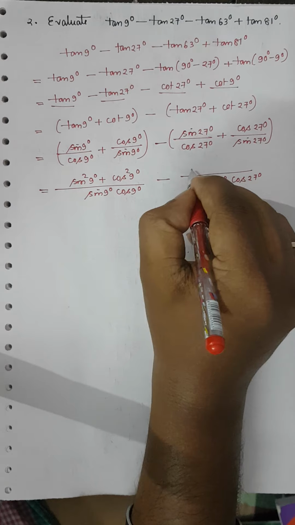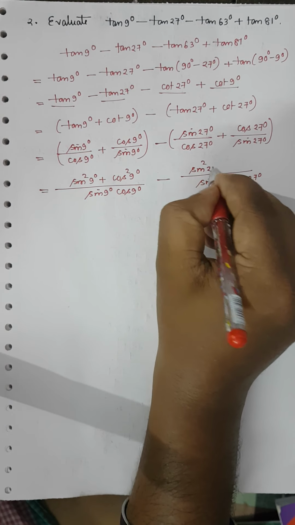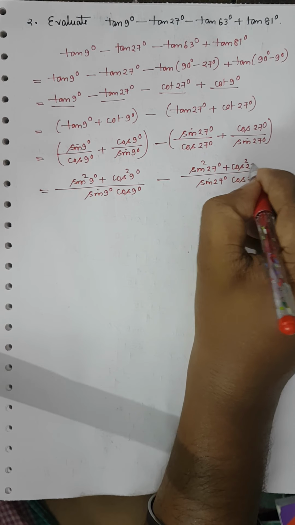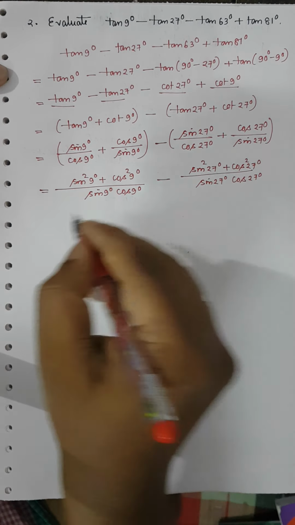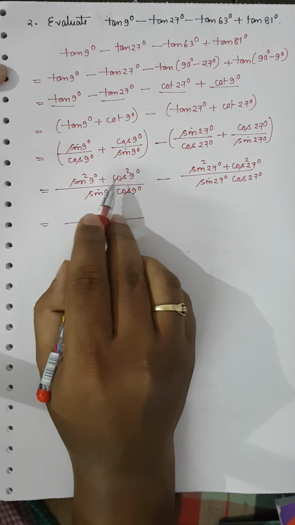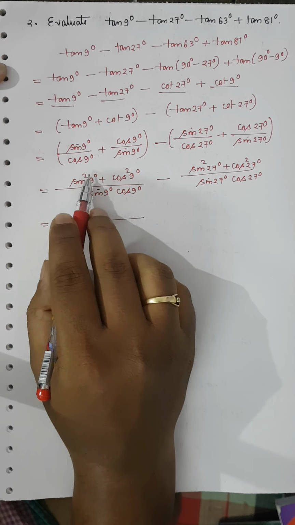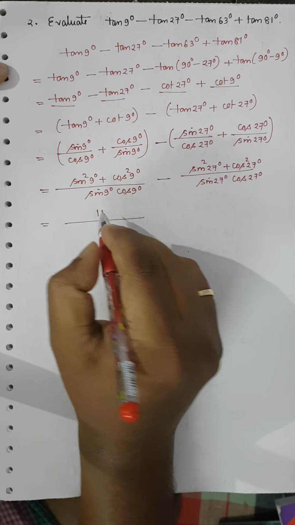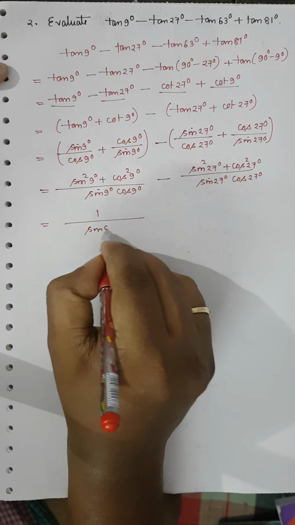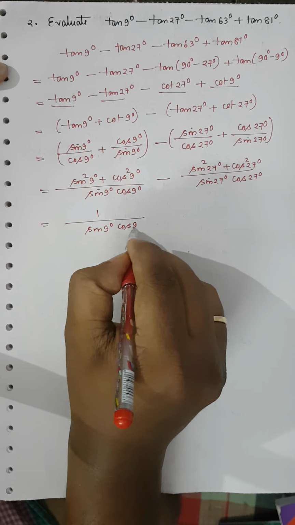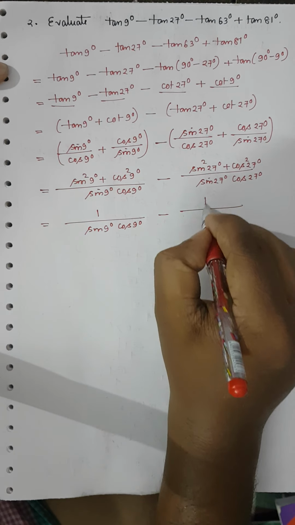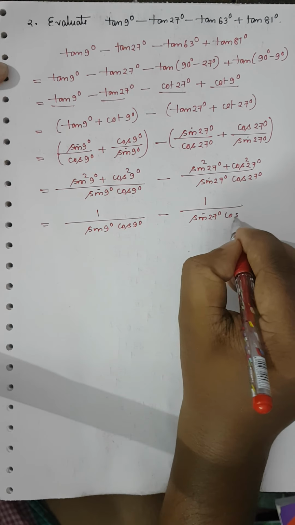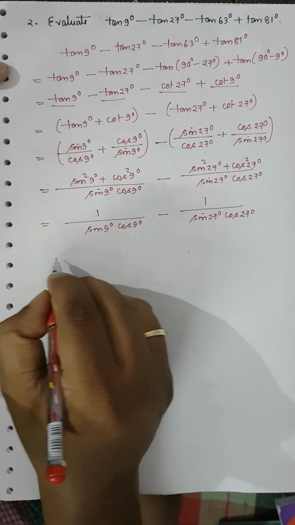Now you can see in the numerator it is 1, since sin² θ + cos² θ = 1. So this is 1 by sin 9° cos 9° minus 1 by sin 27° cos 27°.